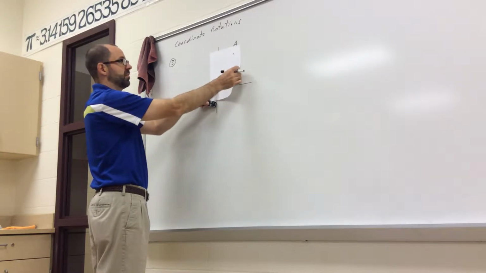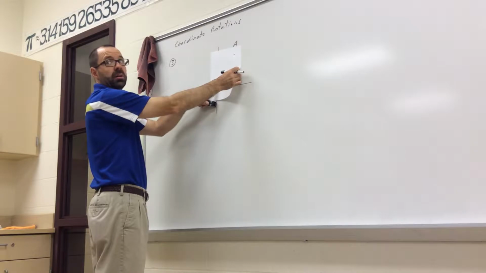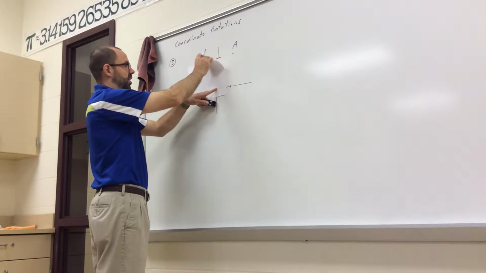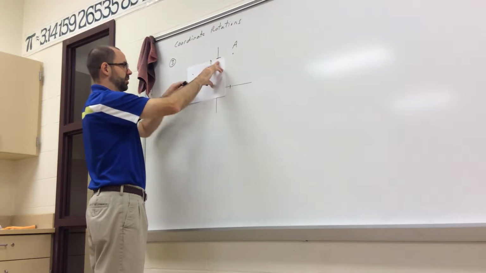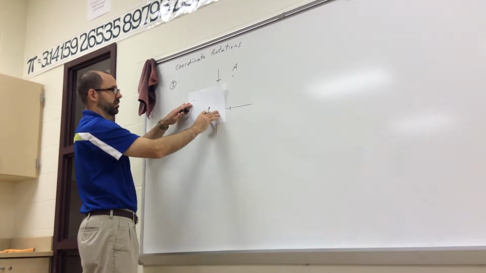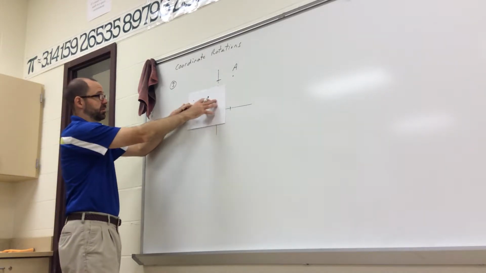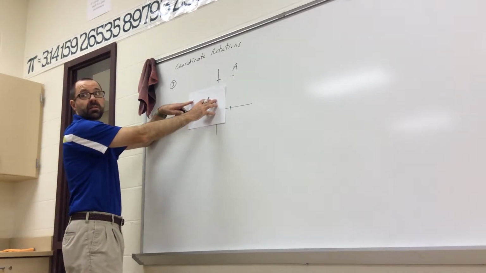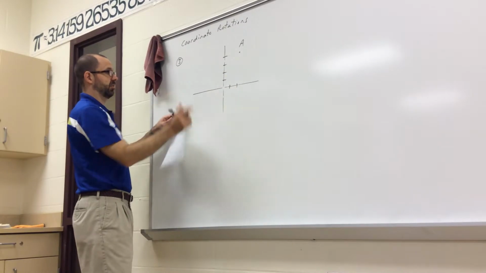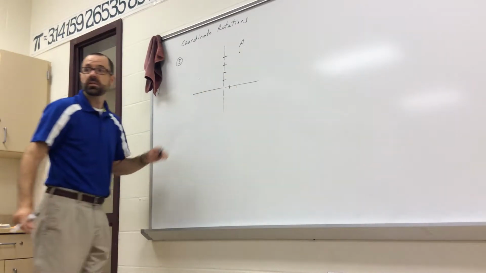So it was at 2, 4. And then it should end up, well, where are you getting? Where's your A ending up? Down here. Like right here. So what point is that?